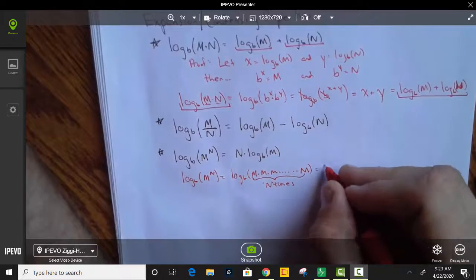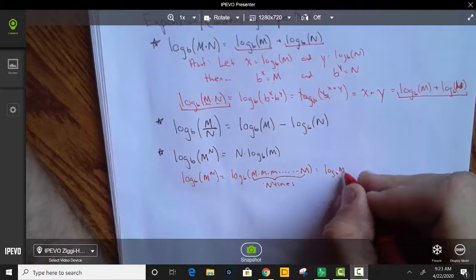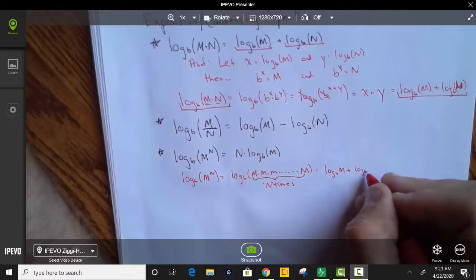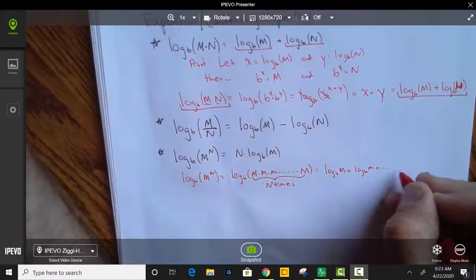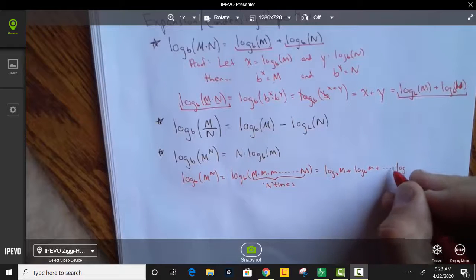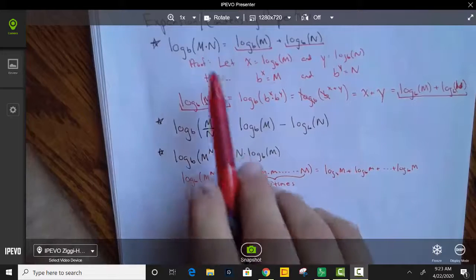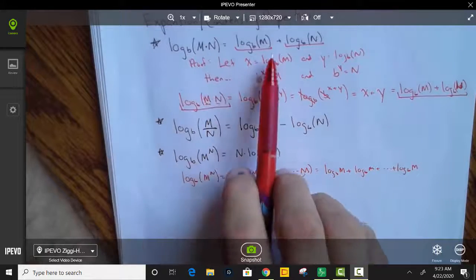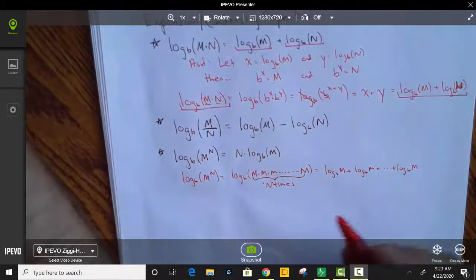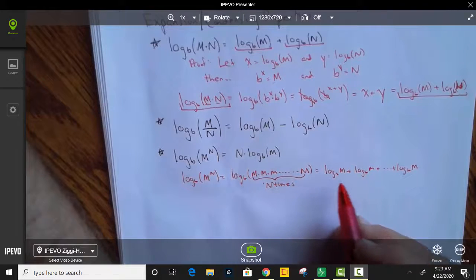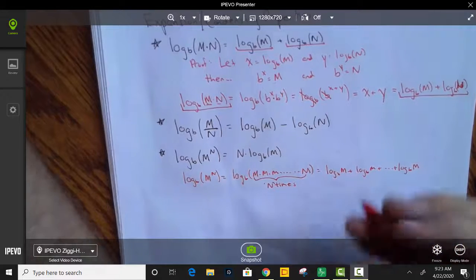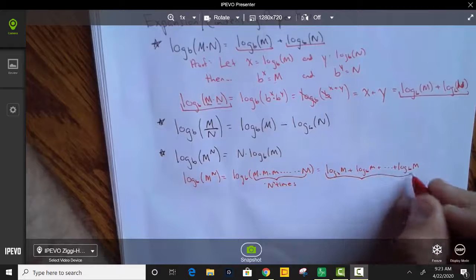And then this would split up into log base b of m plus log base b of m plus dot dot dot plus log base b of m. Using the first rule that says if we have a logarithm of two things being multiplied, it expands into an addition, then if all these are being multiplied, this is going to expand into a total of n additions.